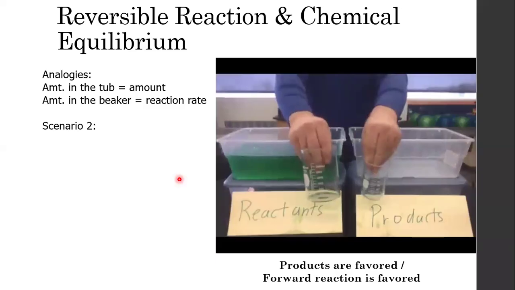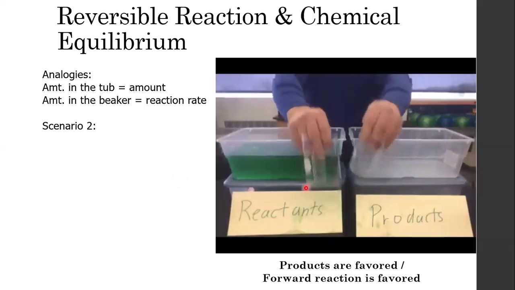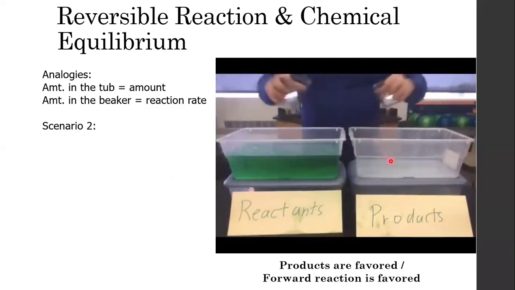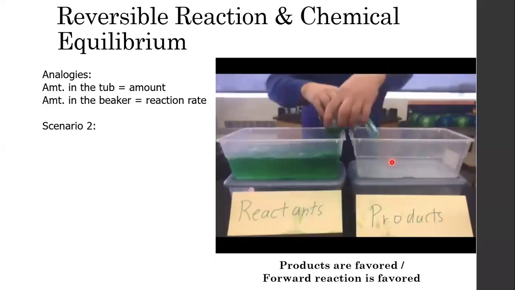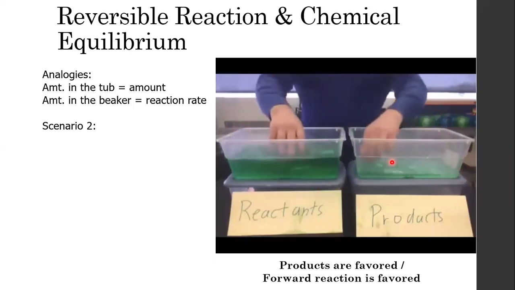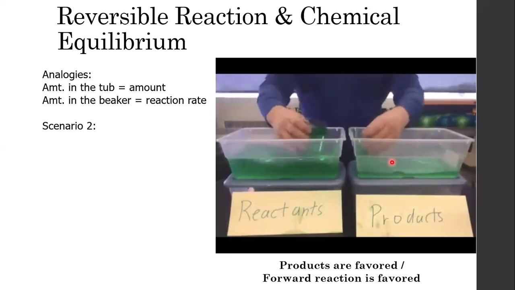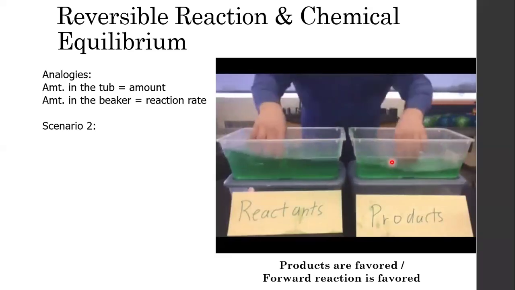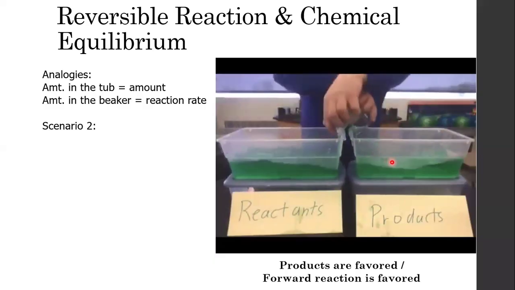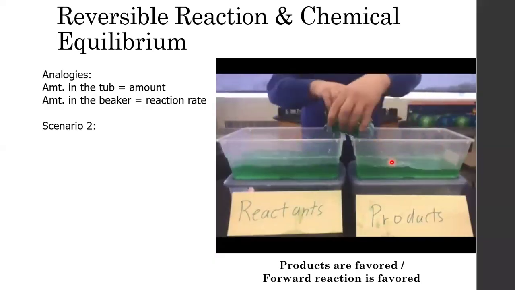For the forward reaction, he'll be using a big beaker and a small beaker for the reverse reaction. Okay, you can pause this video right here and try to predict which would end up with the greater amount. Is it the reactants or the product?